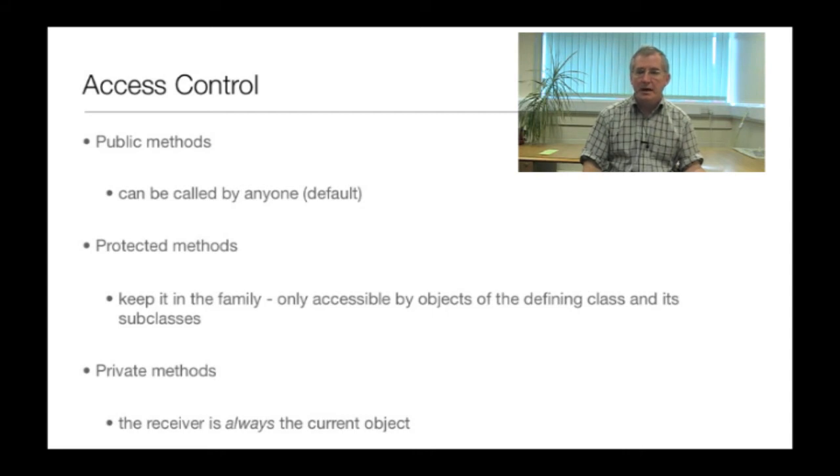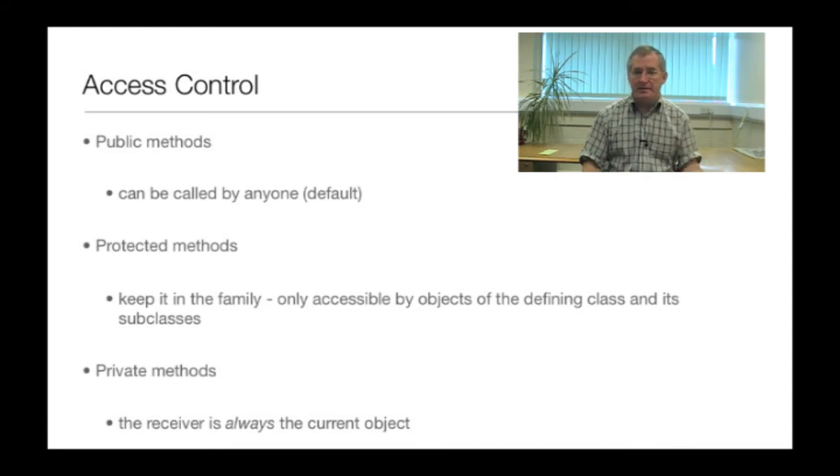They're things which it needs to do in terms of controlling its behavior, but it is not possible, as it is in some other object-oriented languages, for another instance of the same class to invoke a private method. The receiver of a private method in Ruby can only be the current object.